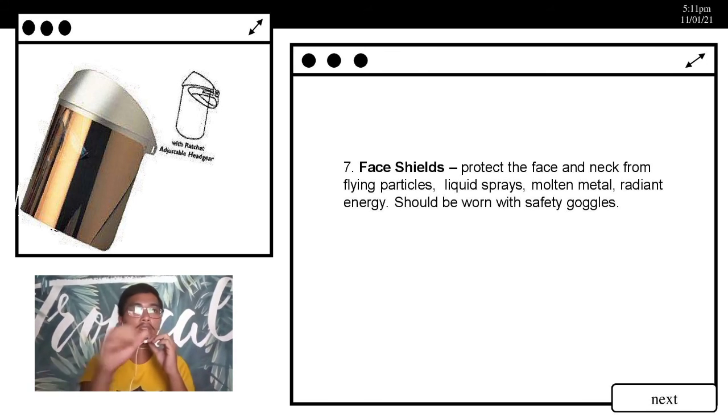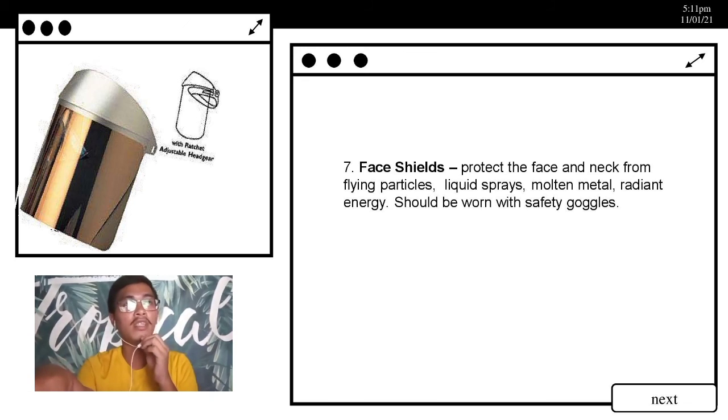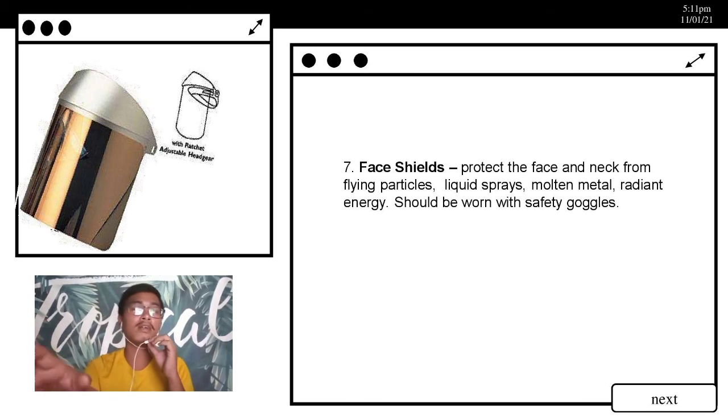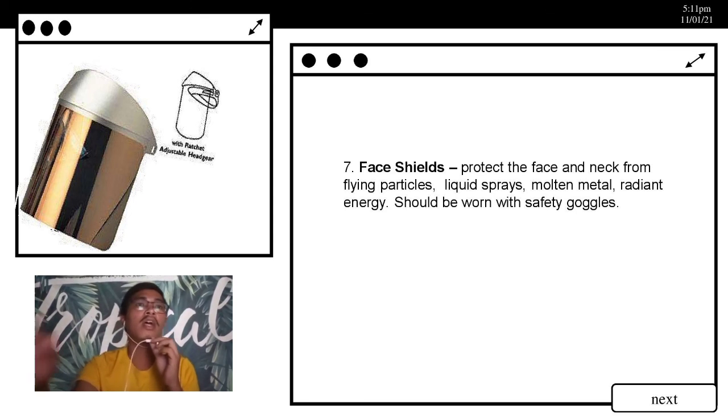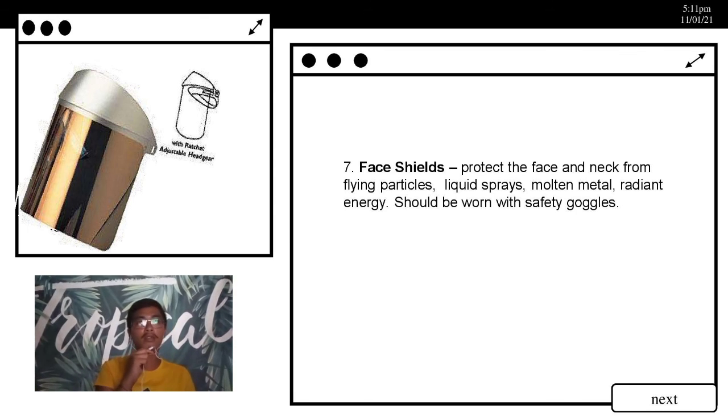Now let's proceed to the face shields. I already mentioned the face shields earlier as part of the face protection. So let us just discuss this. Face shields will protect the face and neck from flying particles, liquid sprays, molten metal, and radiant energy, and they should be worn with safety goggles.